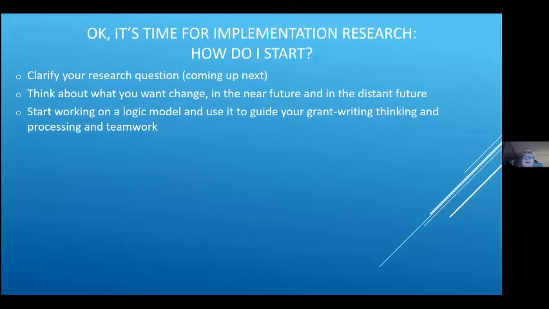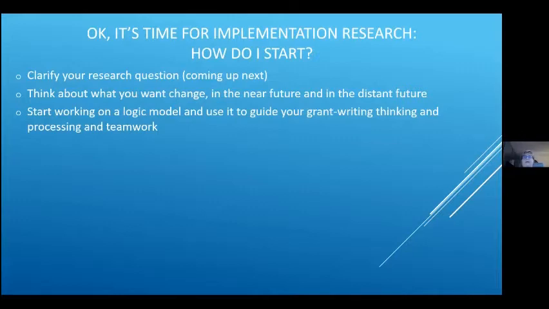So when you get to that super clear articulation of the research question, that's probably what's going to show up in your specific aims. You want to think about what it is that you are trying to change in the near future and in the distant future. There's that long-term goal in which your project is a piece. How does your piece of that big picture, 10-year goal fit? How does it move you in that direction? And the way that I like to go about working on this type of thinking is by using a logic model.